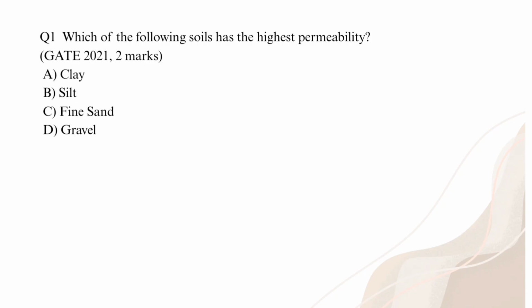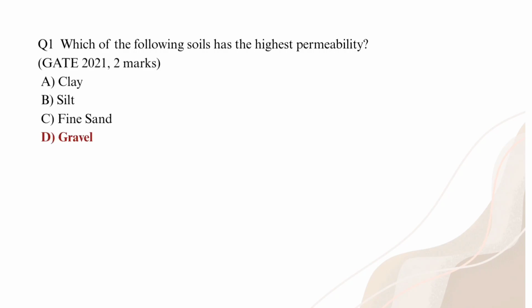The correct answer is D gravel, because permeability is the ability of the soil to transmit water, and whenever coarser soil is there, the permeability is higher. Gravel has the largest particle size among these options, so water flows easily through gravel. So gravel has the highest permeability and is the correct answer.